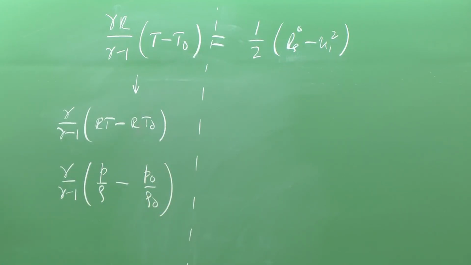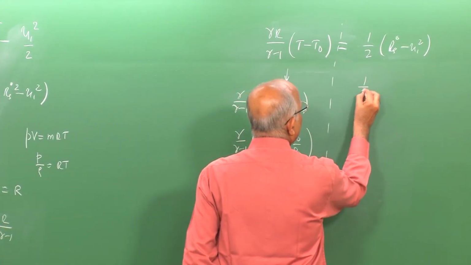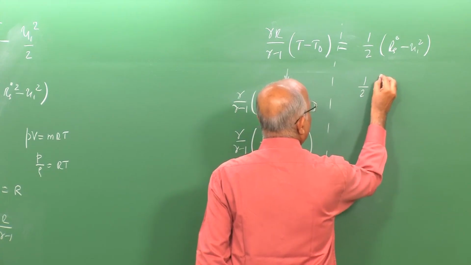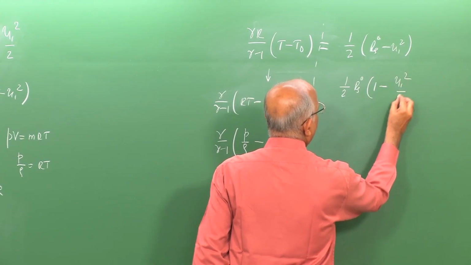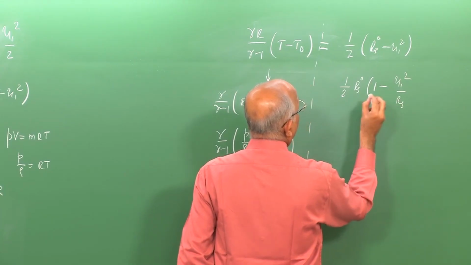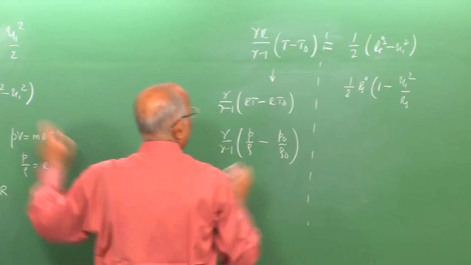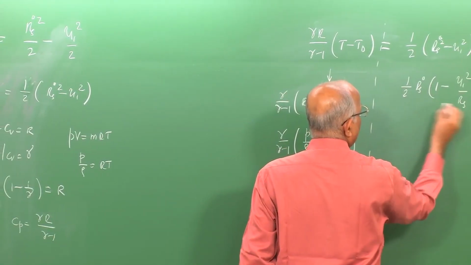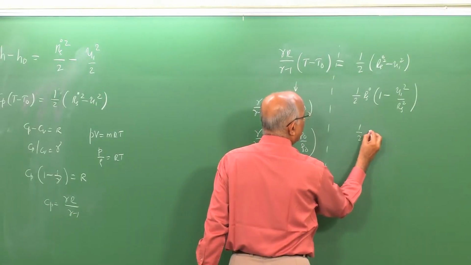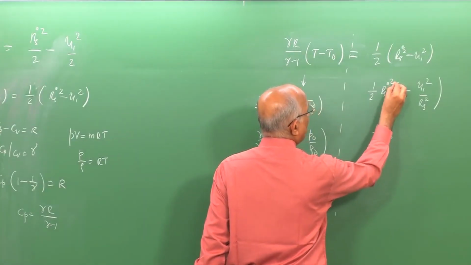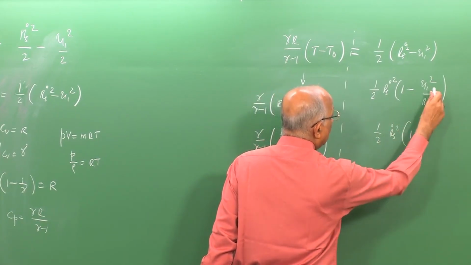On the right hand side, if I were to do a similar simplification, what I get is half into Rs dot square into 1 minus U1 square divided by Rs dot square. This should have been Rs dot square, and therefore, this becomes half into Rs dot square, this is what I have taken outside, therefore, Rs dot square into 1 minus U1 by Rs dot, all squared.